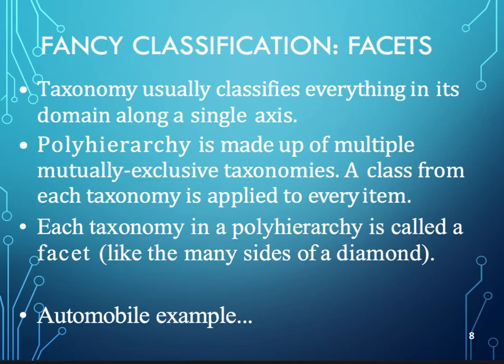Poly-hierarchy is made of multiple mutually exclusive taxonomies, and it's basically a facet, like many sides of a diamond. For example, here they say automobile could have multiple brands, multiple body types, multiple categories, multiple classes, things like that.